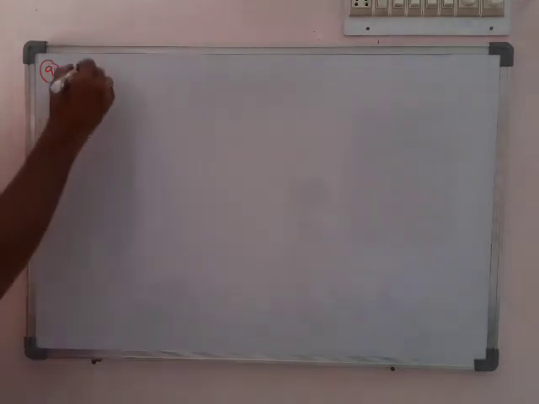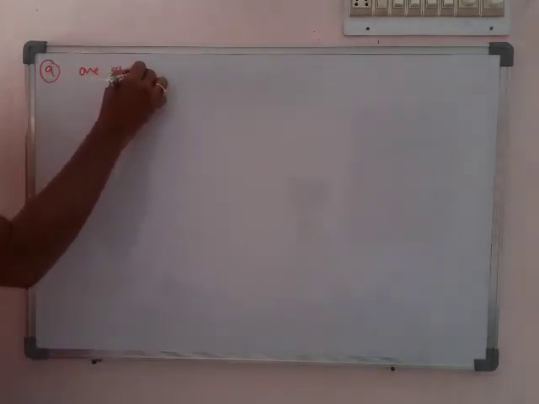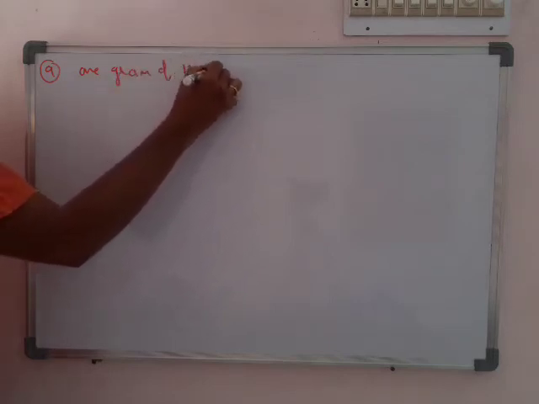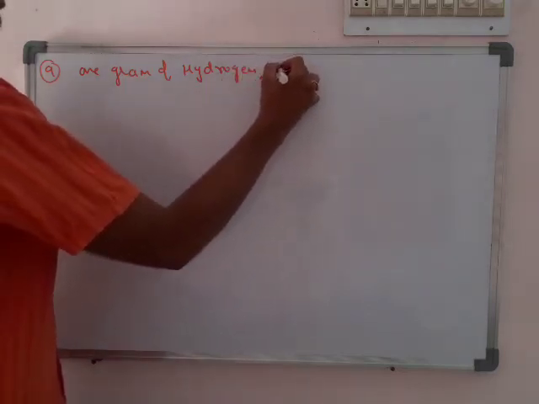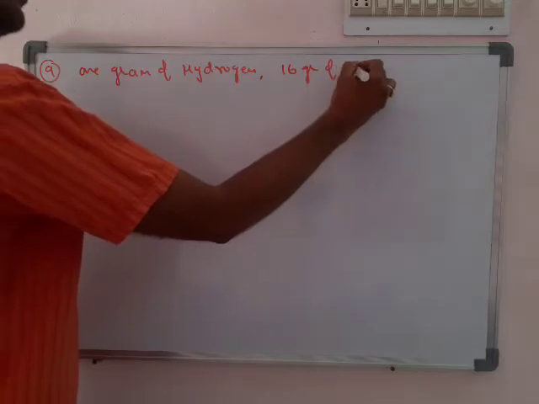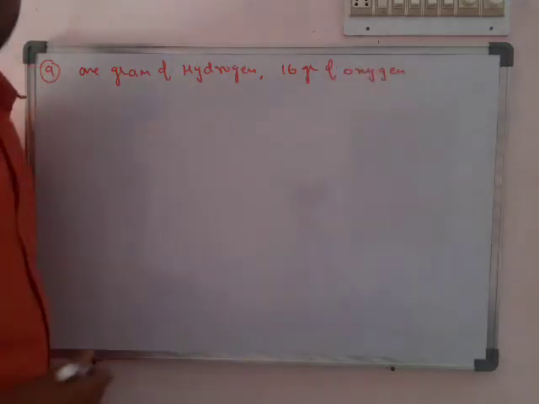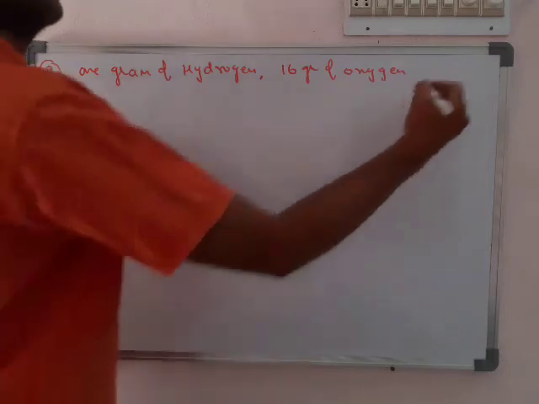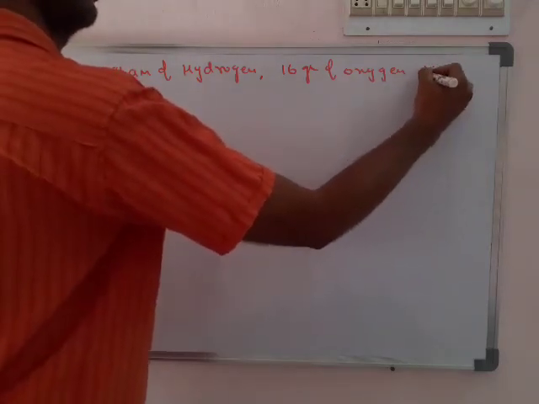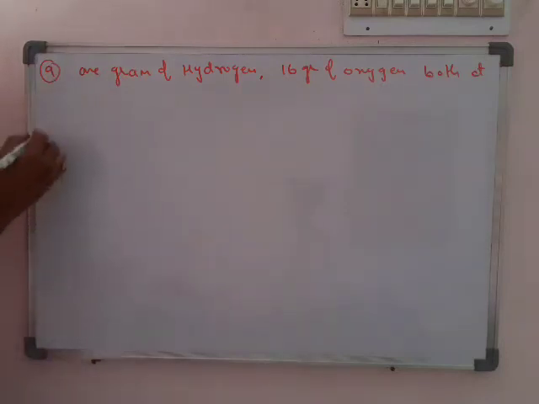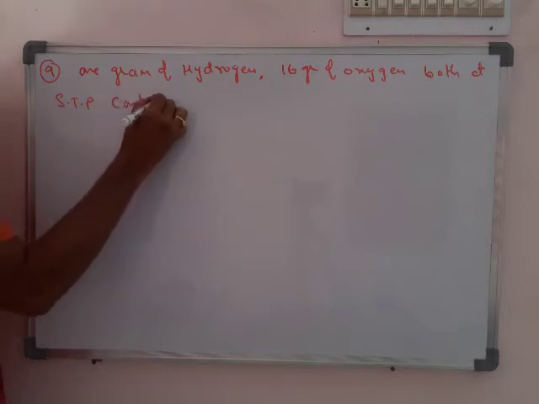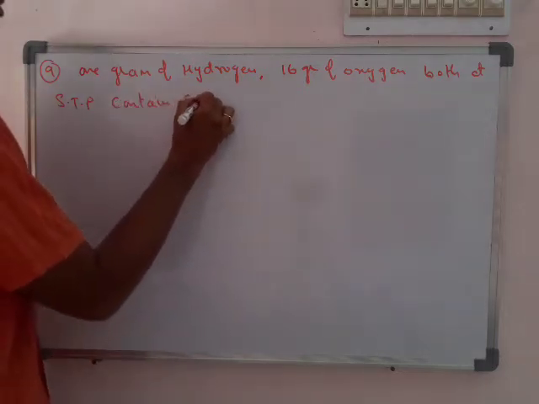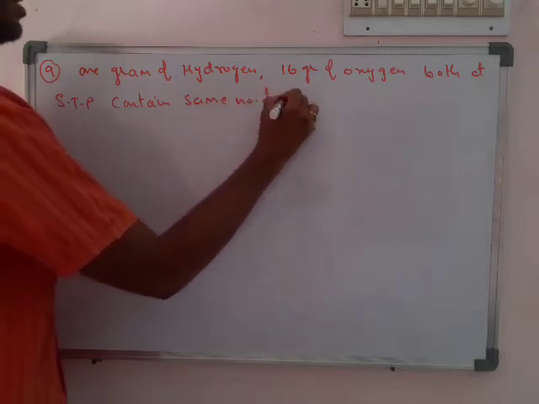Let's see question number 9. One gram of hydrogen, 16 grams of oxygen, both at STP, contain the same number of dash.